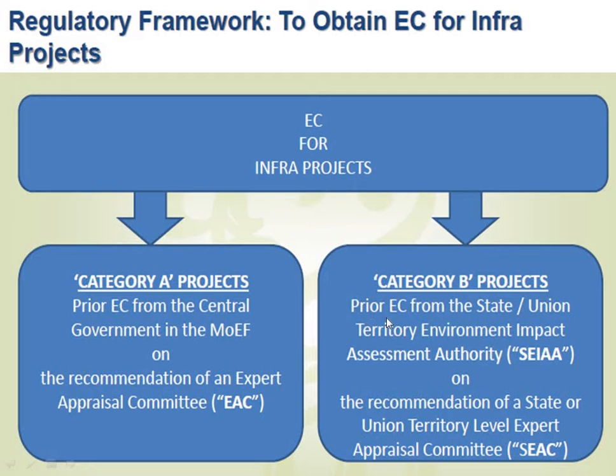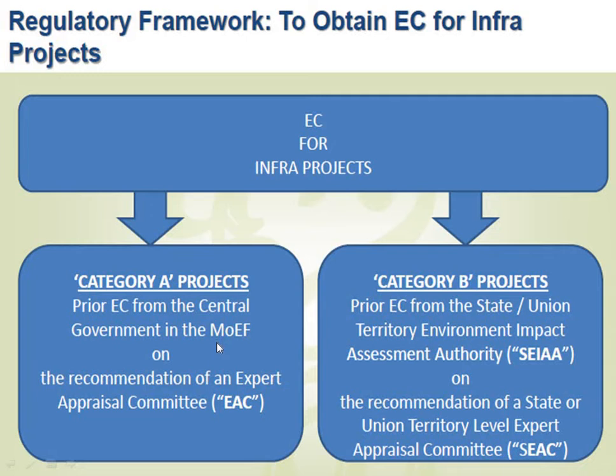For Category B projects, prior EC is required from the state or union territory Environmental Impact Assessment Authority, SEIAA, on the recommendation of the state or union territory level Expert Appraisal Committee.